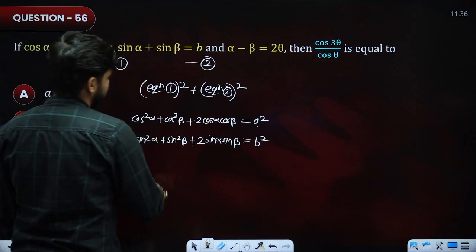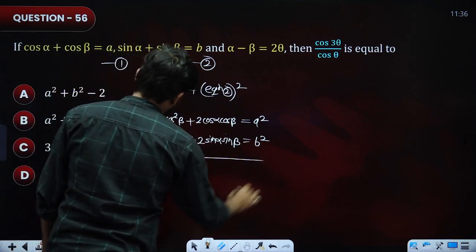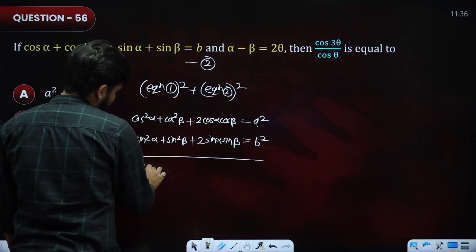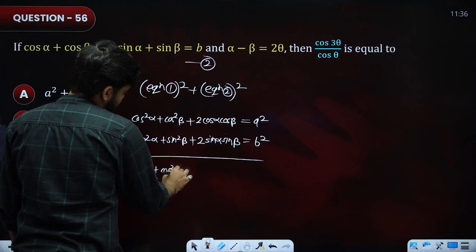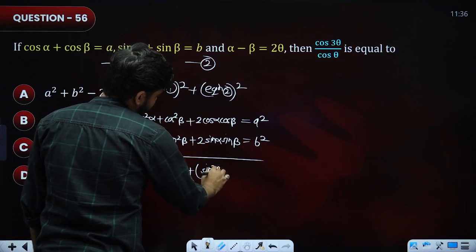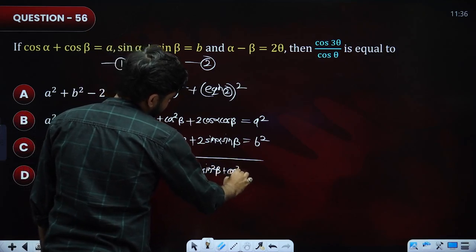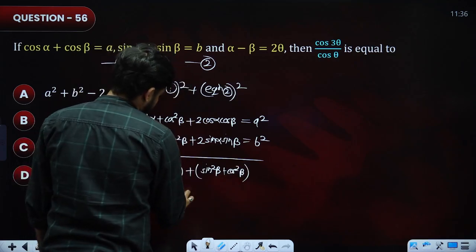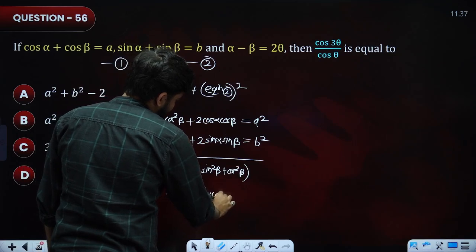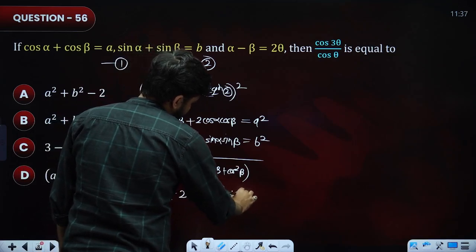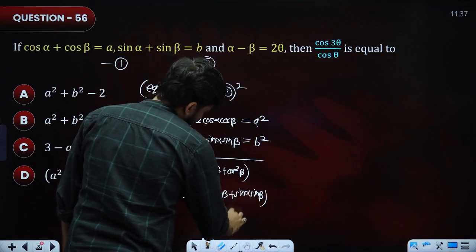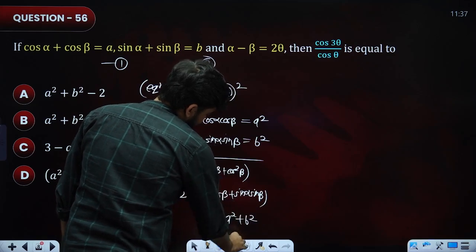Okay, so if I add both, we'll get sin square alpha plus cos square alpha plus sin square beta plus cos square beta plus 2 into cos alpha cos beta plus sin alpha sin beta, equals A square plus B square.